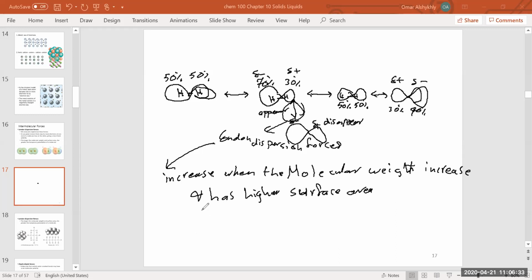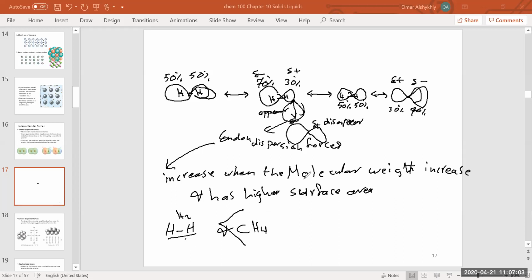For example, if I have H2 and CH4, both of them have London dispersion forces, but the London dispersion forces will be higher for CH4 compared to H2.